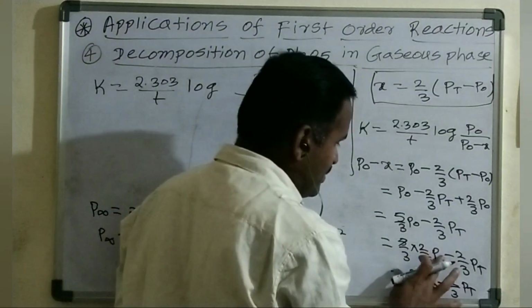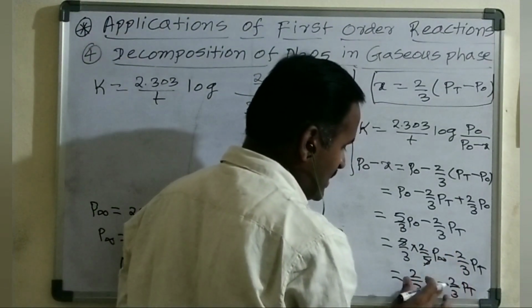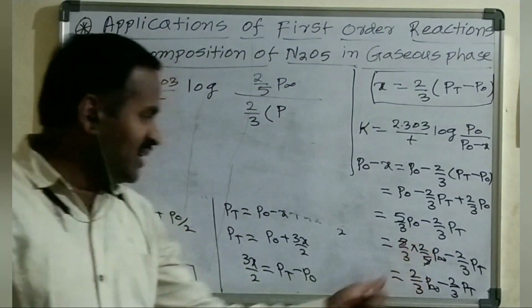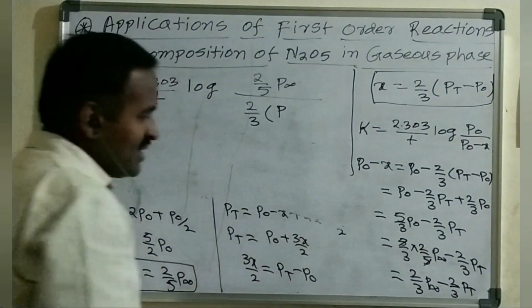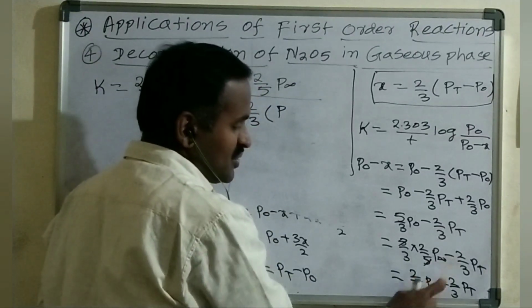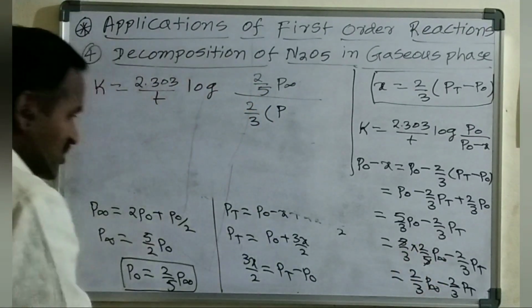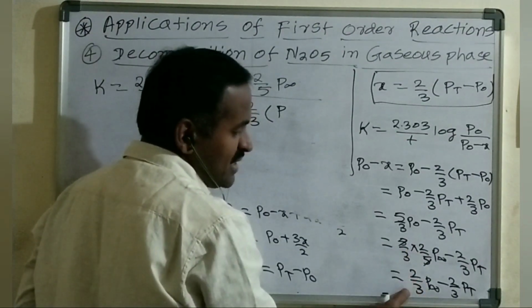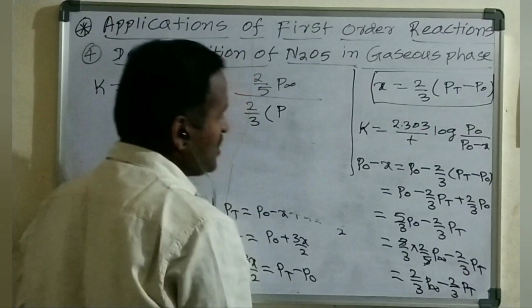Here P naught is nothing but 2 by 5 P infinity, so 5 will get cancelled, giving 2 by 3 P infinity minus 2 by 3 PT.